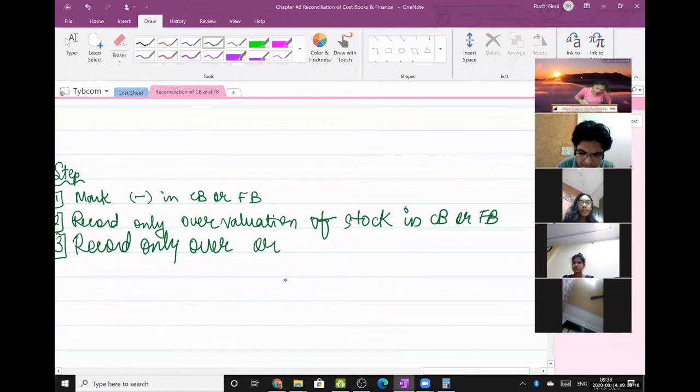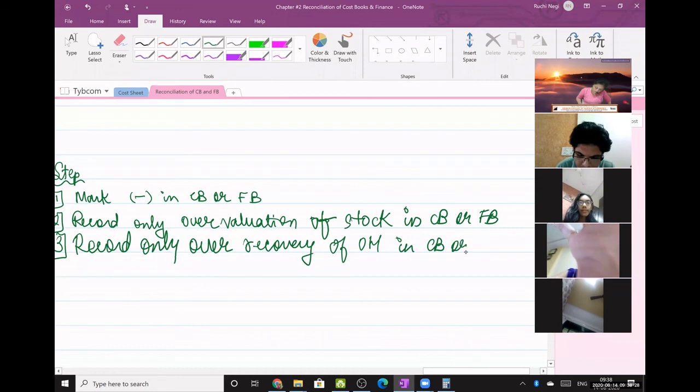Record only over recovery of overheads in cost books or finance books.